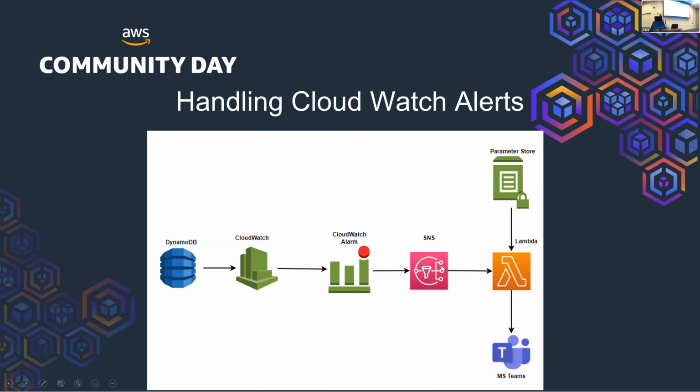Once the alarm is triggered, it gets published to the SNS topic. Then we had a Lambda function subscribing to this topic, and this Lambda function gets triggered and sends a message to our ops channel, which is using MS Teams. Parameter Store is just used for credentials. So you've got to have some kind of alerting in place to act on operations fast.